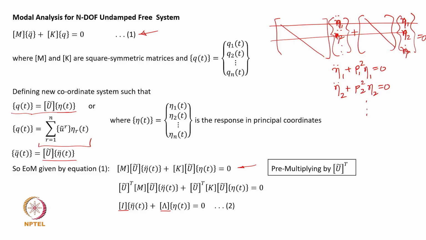Now, the advantage that we saw is that such an equation, which is decoupled from other coordinates, is quite straightforward to solve, and a standard expression for the solution exists from our single degree of freedom analysis. So, it becomes very simple and straightforward to use our solution of the single degree of freedom system to generate the response of a multi degree of freedom system.